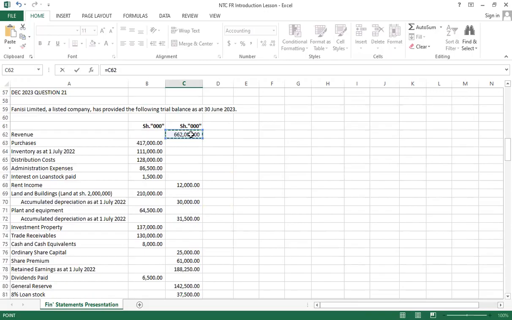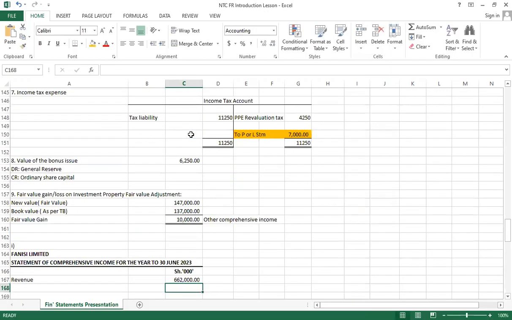We haven't seen on any working that goes to the revenue, and so that is it. So that's 662 thousand shillings.